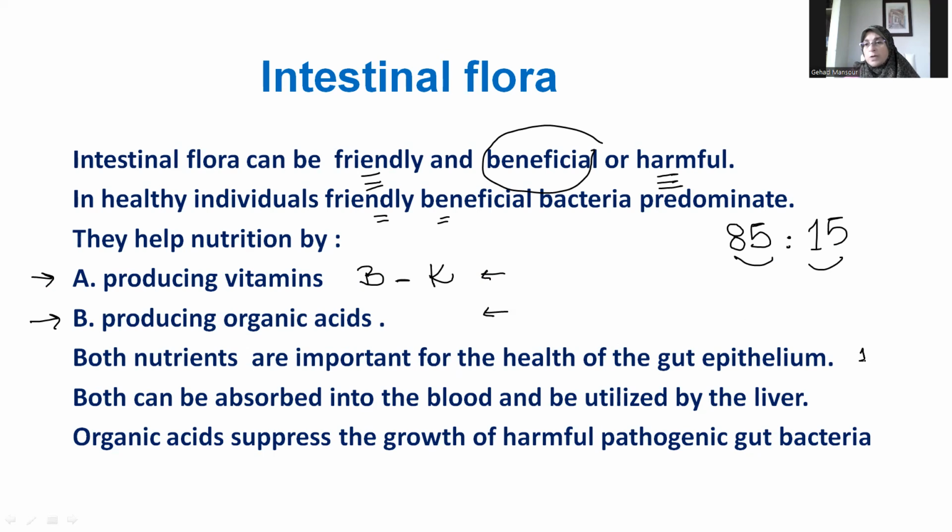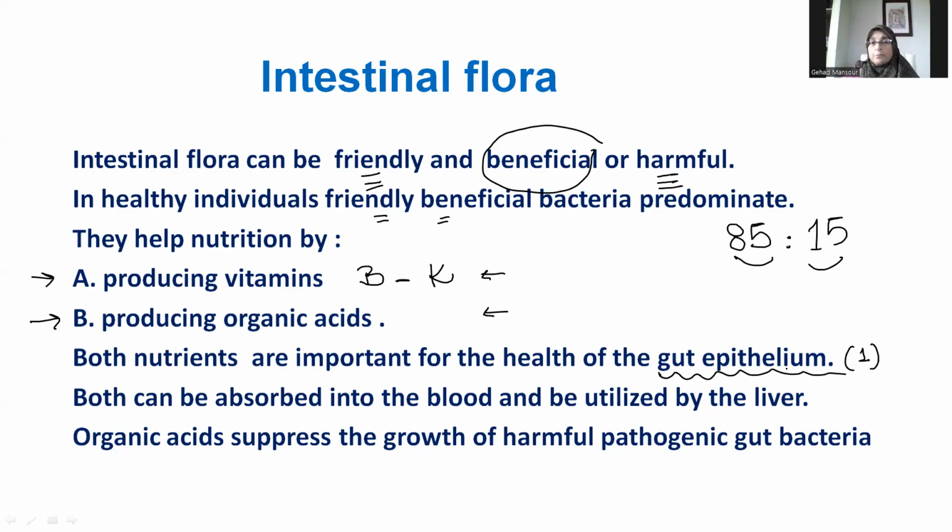First of all, they are important for you to have an intact epithelium or endothelium of the gut. Is this important? Yes, this is important for many reasons. And on top of these reasons is to absorb food adequately. If you have a healthy gut epithelium, you can absorb food well.